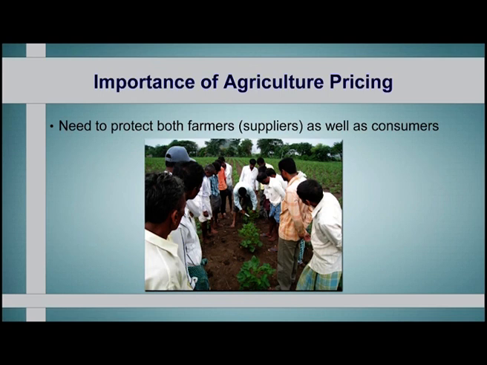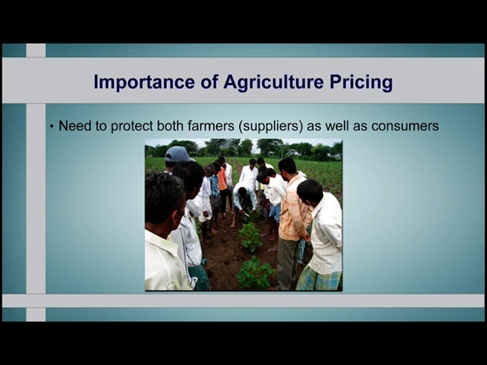Importance of agricultural pricing. Agricultural commodities are needed by all for sustenance. If the private marketing system manipulates the pricing and exploits farmers and consumers, that's the demand side, the government needs to enter the pricing sector for these commodities in developing countries with a large population with diverse income levels and limited cultivable area, like India.